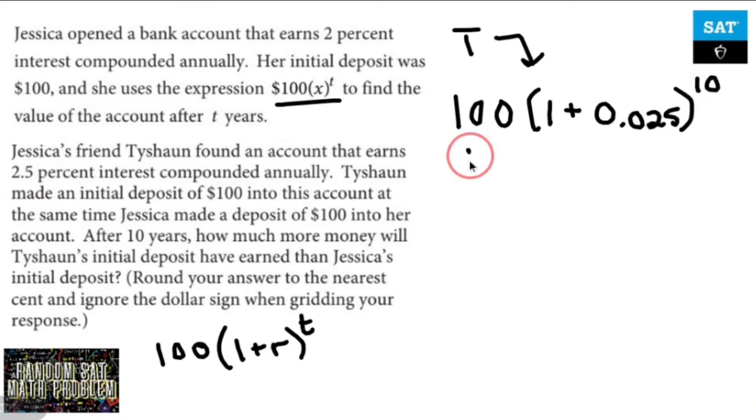Okay, so if you did a little bit of math, 100 times 1 plus 0.025 is going to be 1.025 to the 10th power.